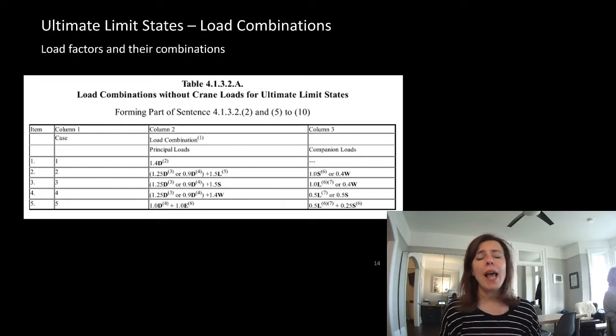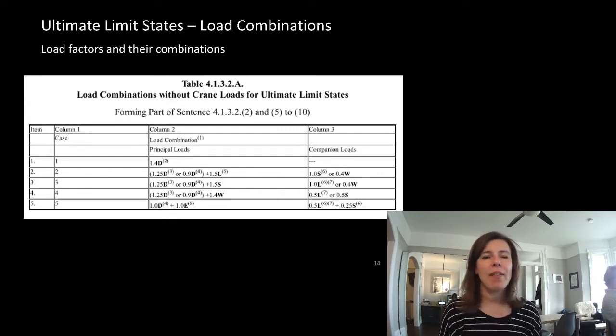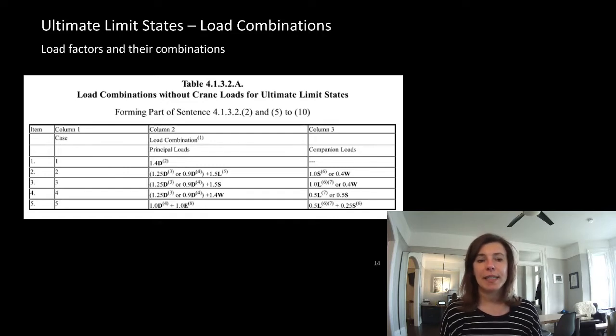But what if your live load happens during the snowfall? Well, you could have dead and live and snow. But does it make sense that you would have the biggest jam-packed capacity in the entirety of your building at the exact same time that you would have your 1 in 50 snowfall event? And they take a look at the statistical probability of that and vary the load combination factors accordingly.